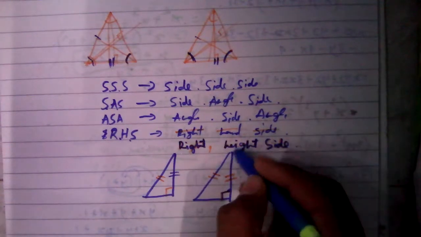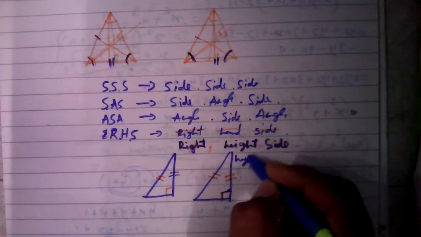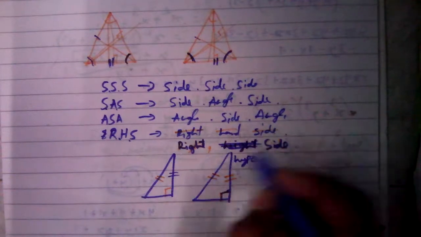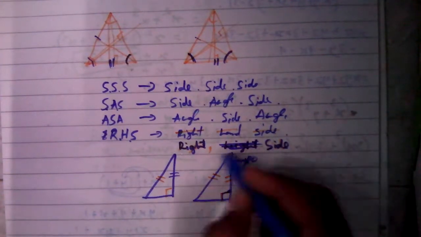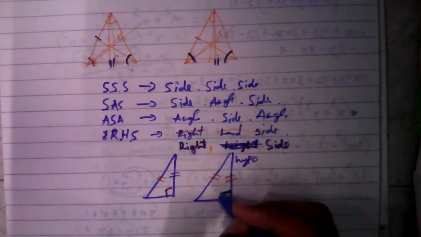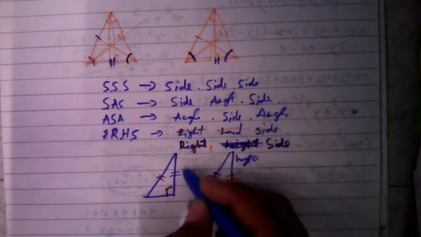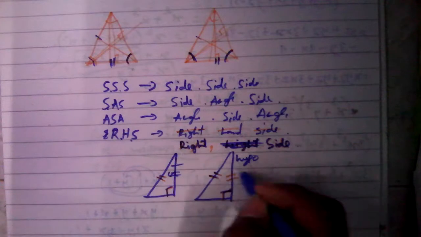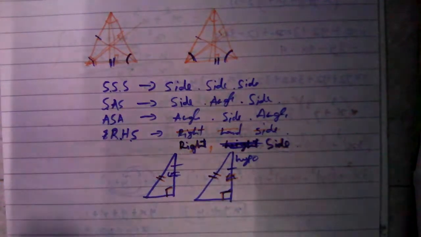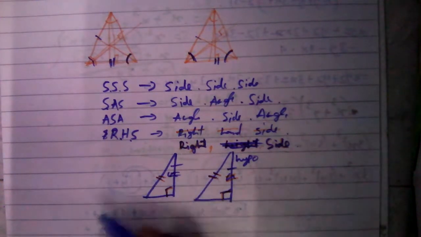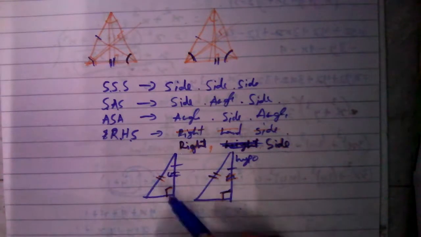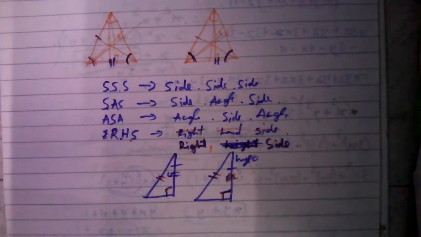So when the two hypotenuses are equal and this side is equal, then the two right angle triangles are congruent to each other. And we are done with the congruency conditions.